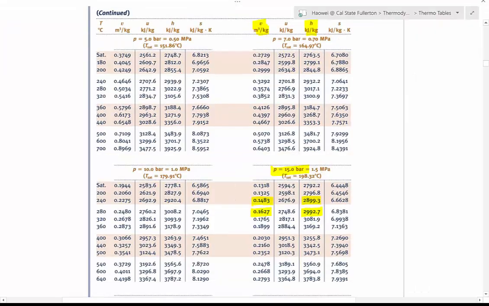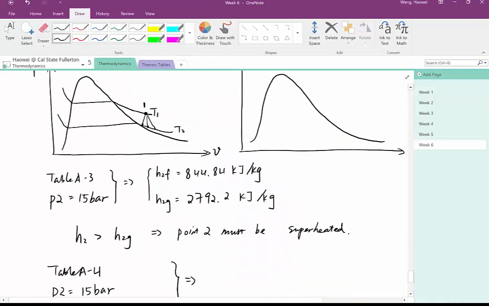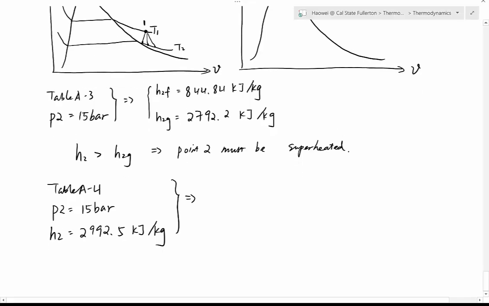All right, so we went to the table and we found those four corresponding numbers, nu and enthalpy. We can write down those four numbers: 2899.3, 2992.7, 0.14383, 0.1627.